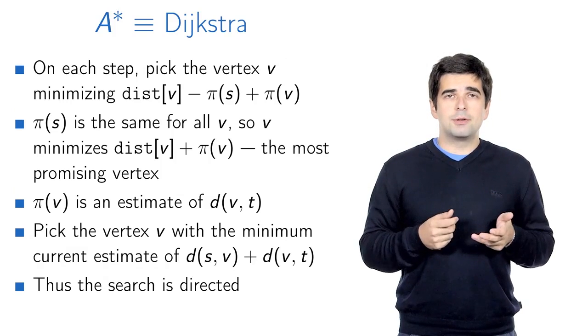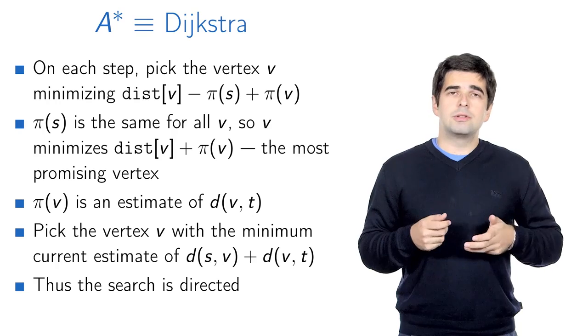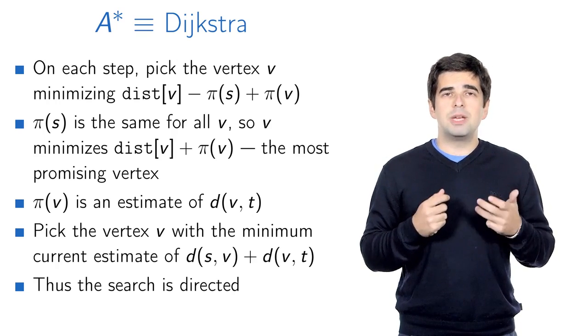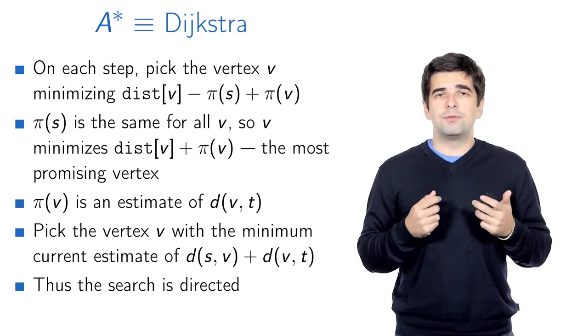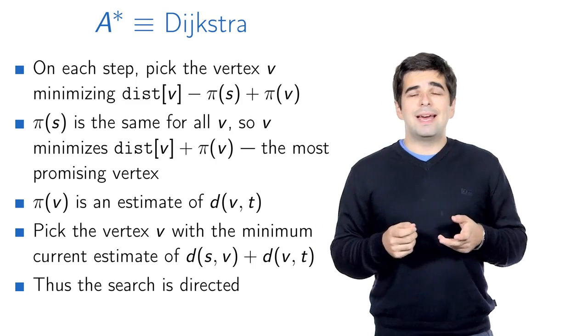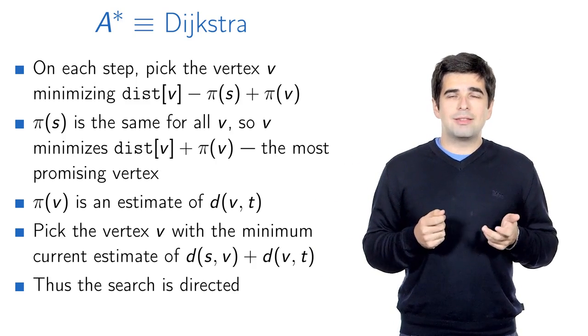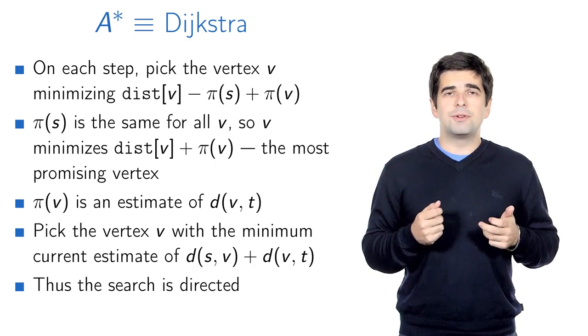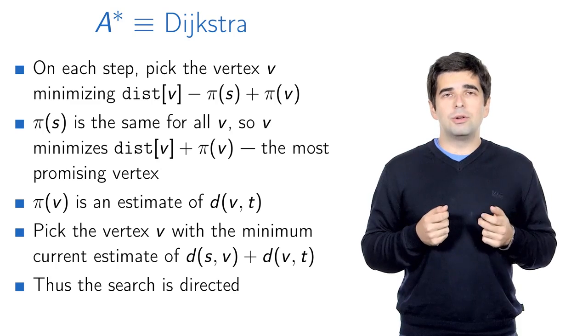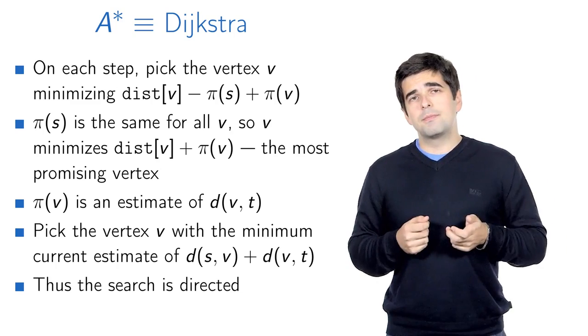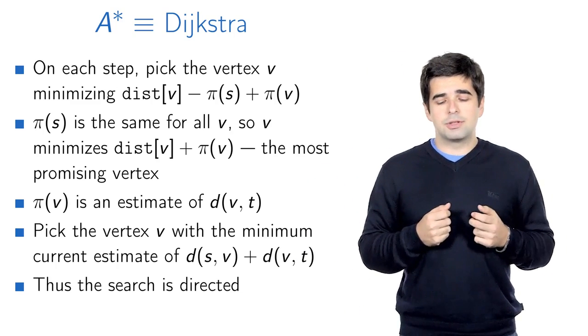So what does Dijkstra with potentials do? It goes in iterations, and on each iteration it picks the vertex v which minimizes the current estimate of distance to v. And what will it be equal to? We know that any path in the new graph differs from the same path in the old graph by minus potential of the starting vertex plus potential of the ending vertex.